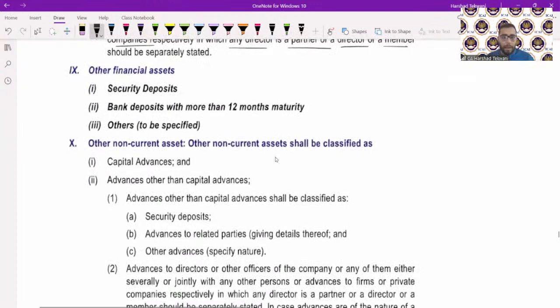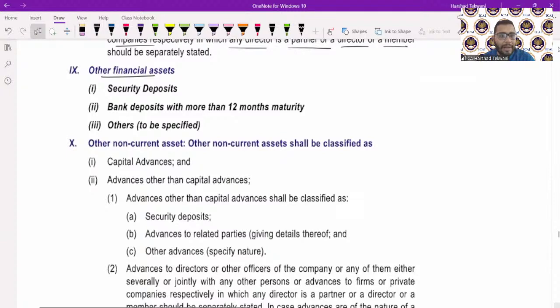Okay. Other financial assets. Now again, why I'm focusing on this area is because there is a change compared to last time. There is an amendment in this particular area.